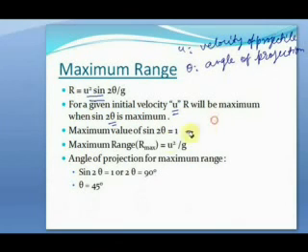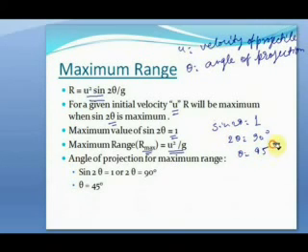As we know that the maximum value of sin 2 theta is 1, so when this occurs, we'll get maximum range R max as u square by g. Also, when sin 2 theta is 1, it means that 2 theta is 90 degree, so theta would be 45 degree. So for any given initial velocity u, R will be maximum when the angle of projection theta is 45 degree.